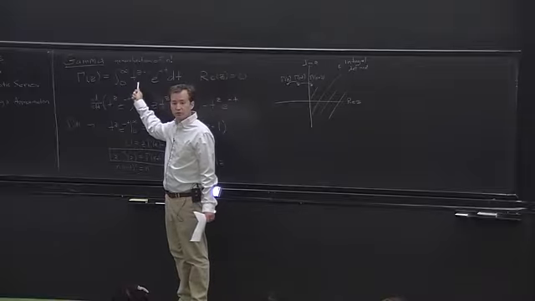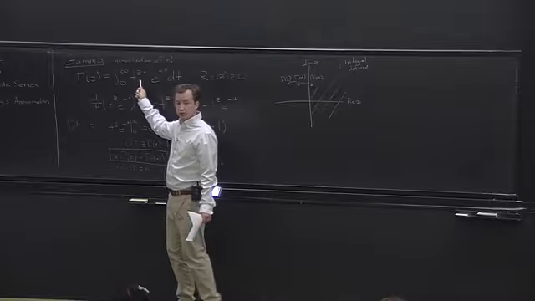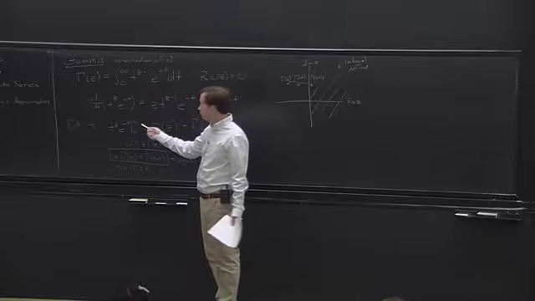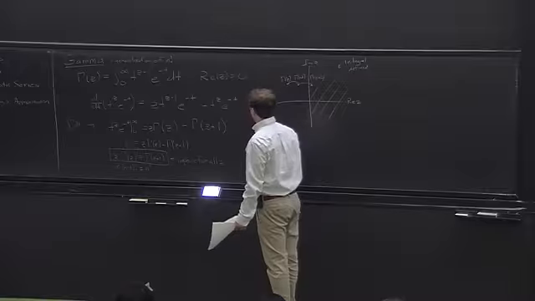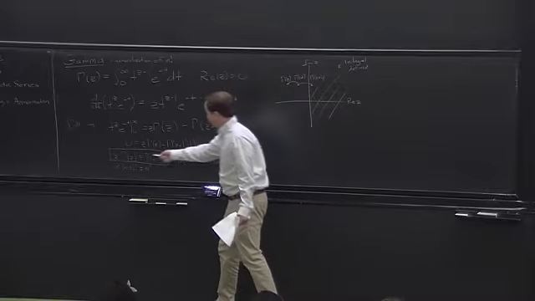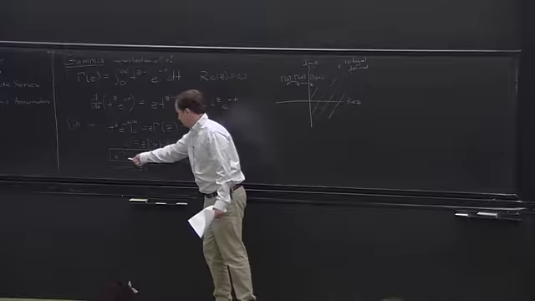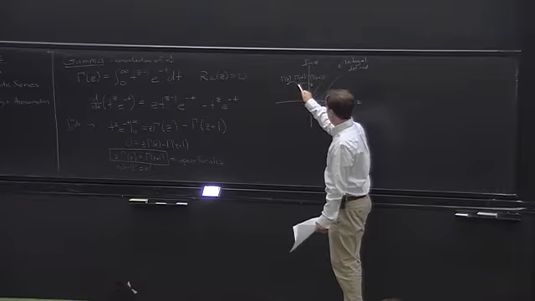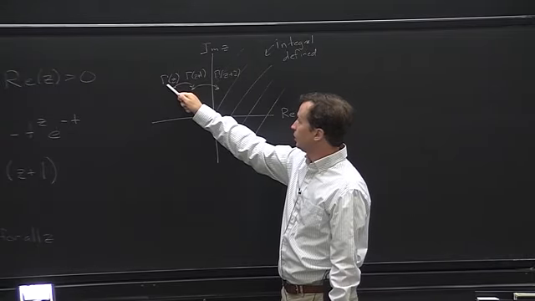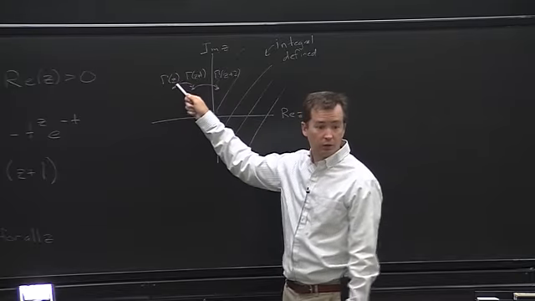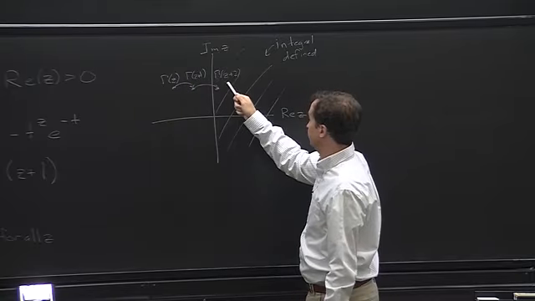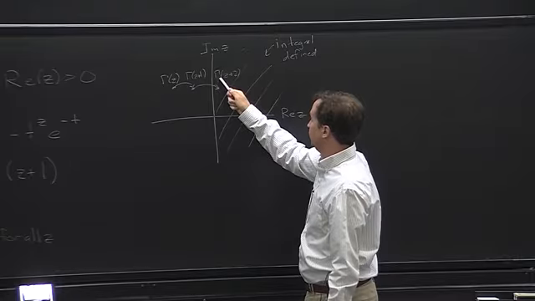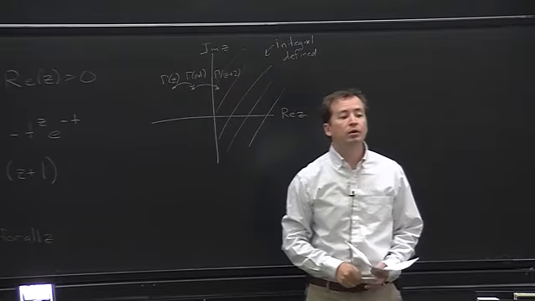So we can't use this integral directly to define gamma of z for the real part of z negative. But this equation lets us relate gamma of z to gamma of z plus 1. So we can just repeatedly use that to relate gamma of z with negative real part to some gamma of z with positive real part.